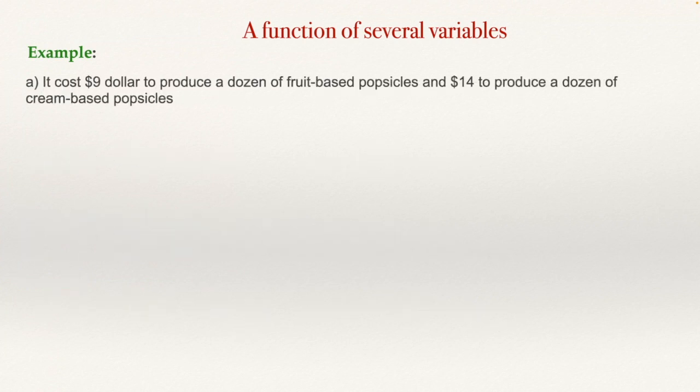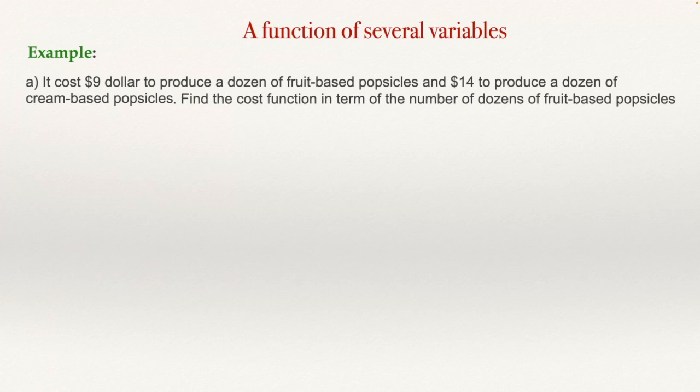We have application problems. It costs $9 to produce a dozen fruit-based popsicles and $14 to produce a dozen cream-based popsicles. Find the cost function in terms of the number of dozens of fruit-based popsicles and, obviously, the number of cream-based popsicles. So in this case, I noticed that to know the cost, I need to know how many fruit-based popsicles I'm producing and how many cream-based popsicles I produce.